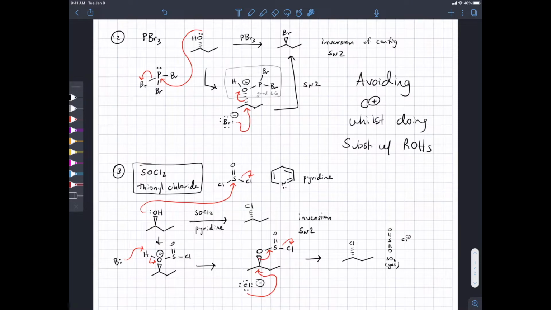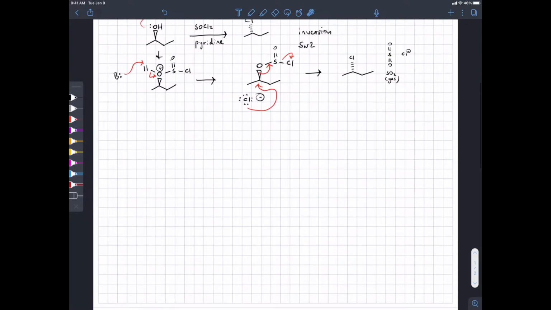As an example, in the same situation we saw before, if we had a secondary carbocation there, we could do the 1,2 hydride shift. If you use, say, PBr3, you can very easily get just the desired product and not the other ones, because you never go through a carbocation intermediate.